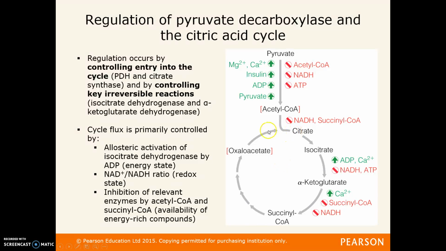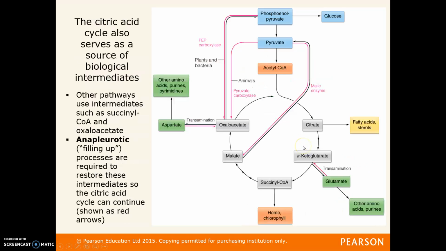A second thing to consider with the citric acid cycle, it is not only about producing energy, right? So mostly what we think about is citric acid cycle producing electrons in the form of NADH to move on to the next step. This isn't the only thing it does.